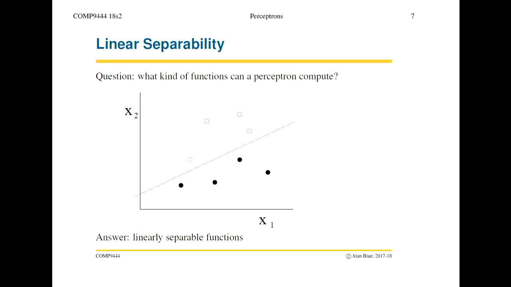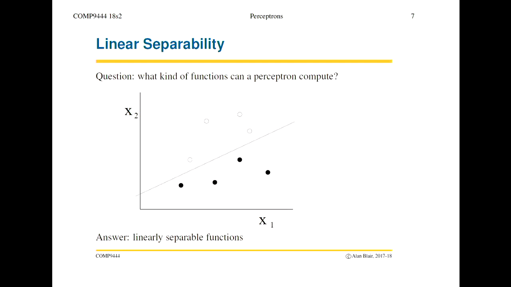You just take out a ruler, you draw a line with the positive examples on one side and the negatives on the other, and then you calculate the slope and the intercept of that line and figure out which side the positive examples are on, and that gives you your perceptron.